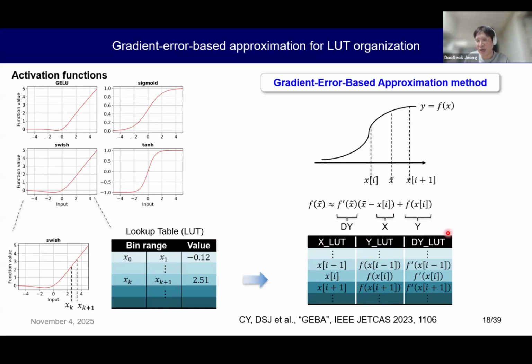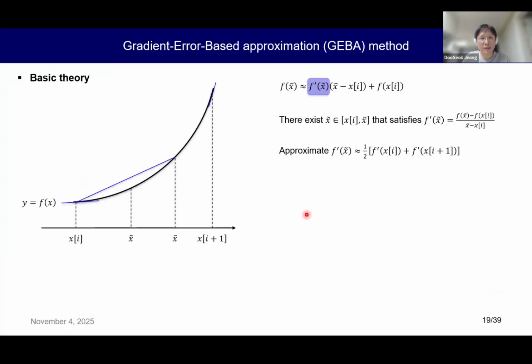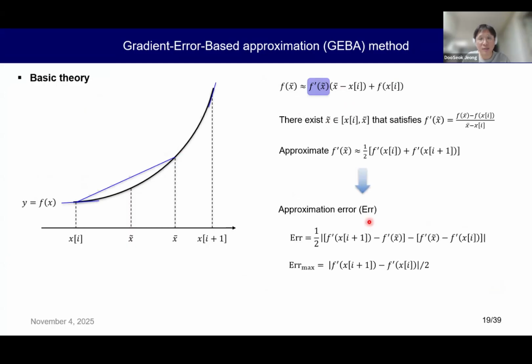And here you have a gradient value, not necessarily at this point, but some point between this and xi, all right? So the basic idea is that, let me talk about it. Let me skip all this math. The details you can read in the paper.